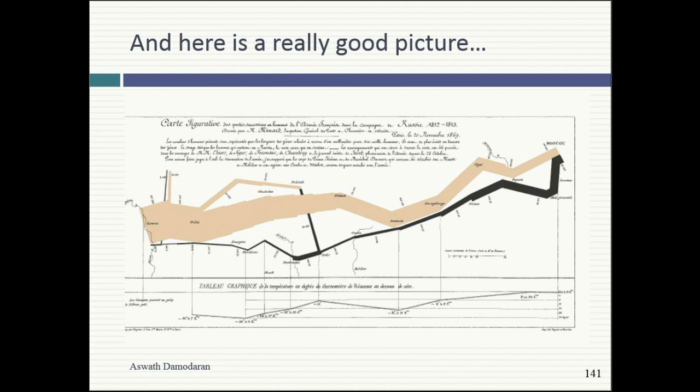If you've ever been in Moscow, there's that gate, this big stone archway, and it's December 12th, and you don't want to be in Moscow on December 12th. Napoleon says, it's cold, I want to go home. So there's the army turning around, this dark line, marching back, and on this axis is the temperature dropping as they march back.